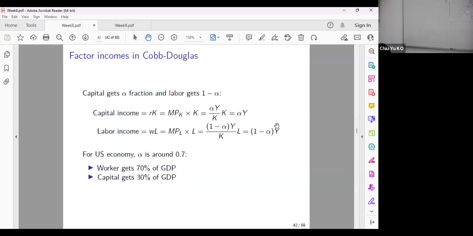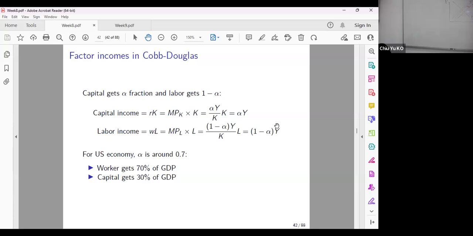But this is saying 30%. Capital gets 30%, but the capital they have is so large that even 30% in absolute value will be much larger than what we earn. So although capitalists don't get a lot in the production, because they have so much capital, the absolute value looks much more. But in the relative sense, in the flow, they don't get a lot. In the stock sense, because they have so much capital, capitalists earn much more in absolute value.